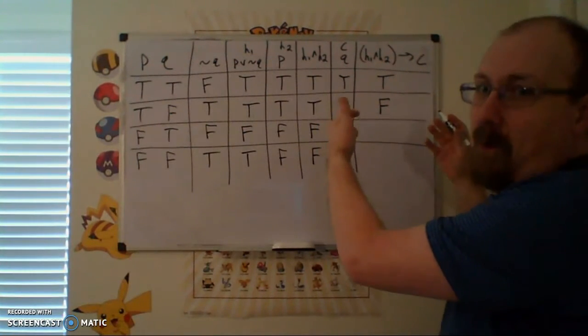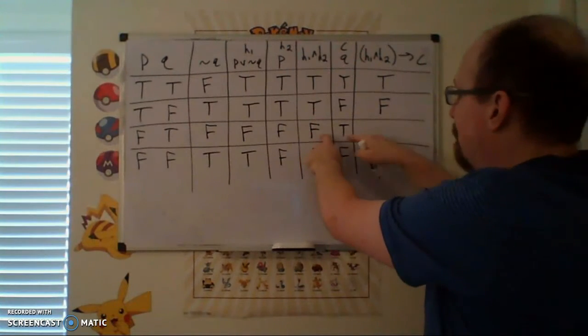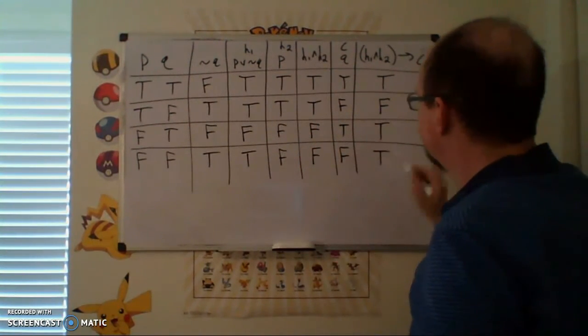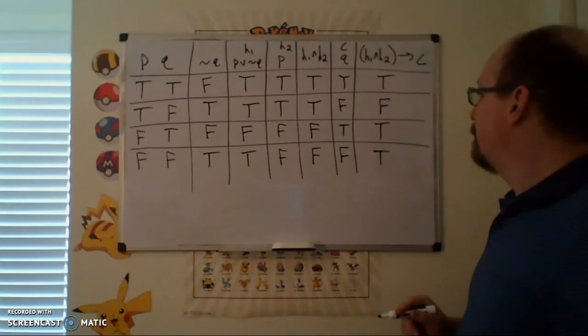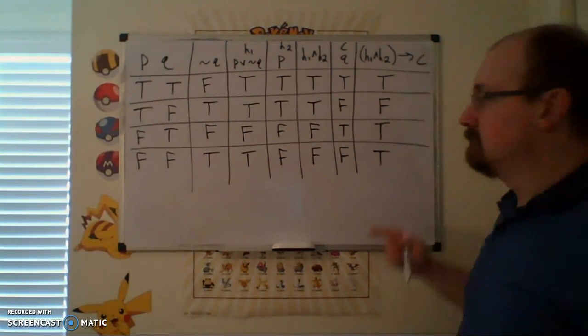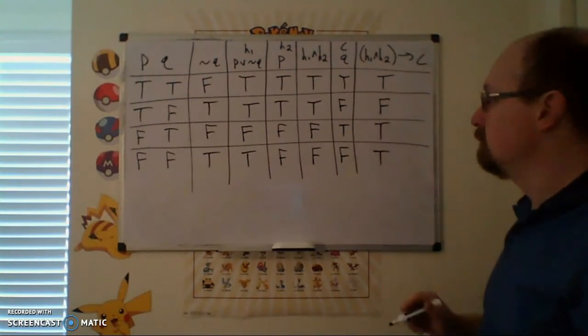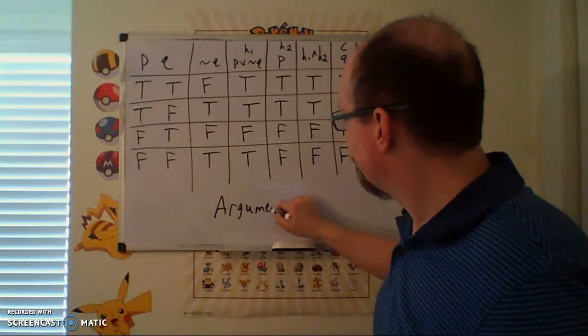Officially, we're done if all we're interested in is the argument. I don't do that. False implies true. It's true. False implies false. It's true. So true, false, true, true. Are these all trues? No, they're not. So that means our argument is invalid.